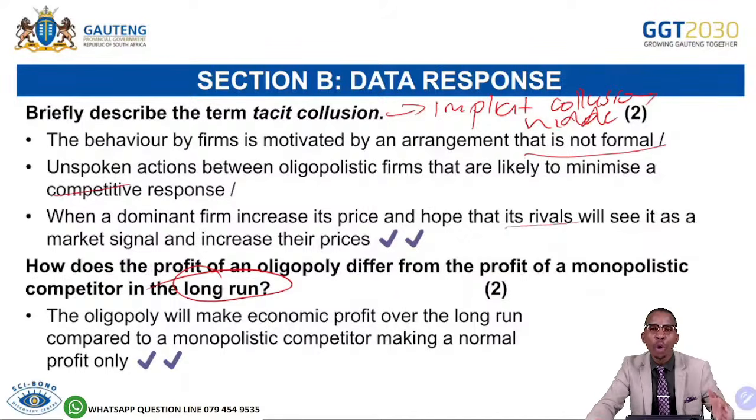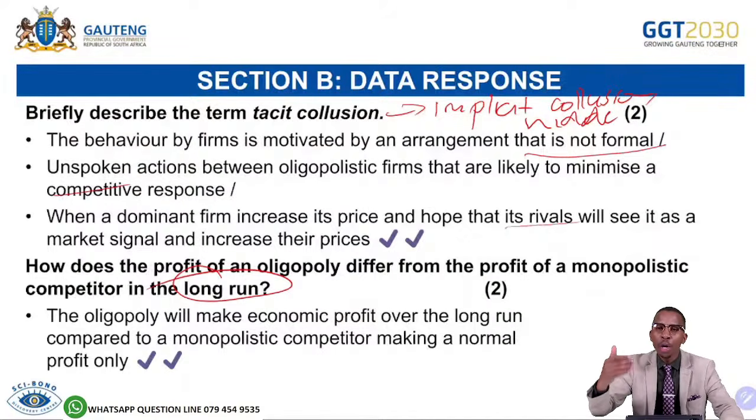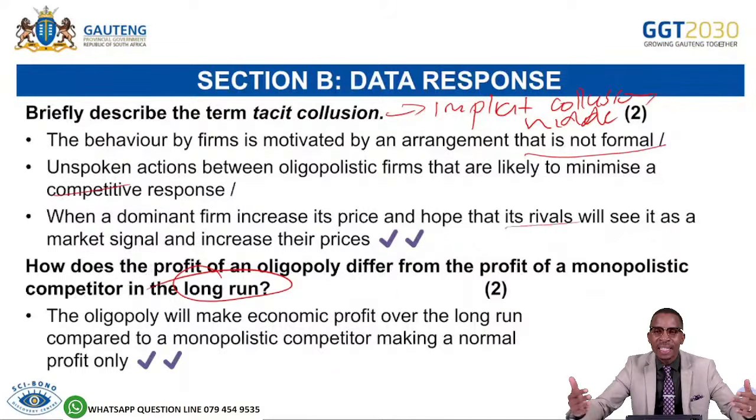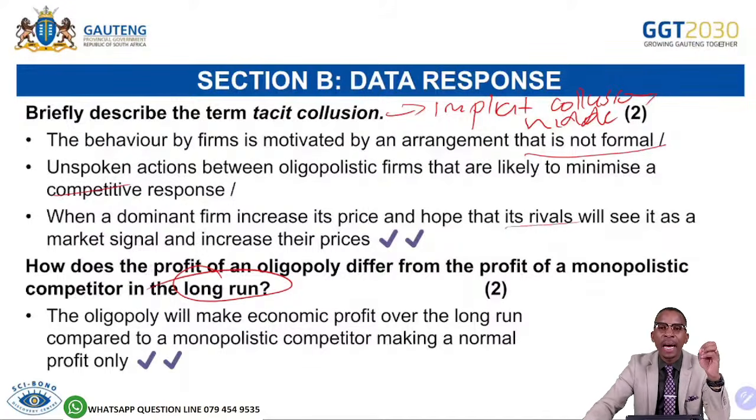But how about oligopoly? Oligopolies enjoy economic profit or supernormal profit in the long run. Why? Remember, in the short run, they make a normal profit as they enter the market with their own selling prices without collusion. But as they get into the market, they get involved in collusive behavior, either implicitly or explicitly, where they charge excessively high prices that allow them to always maintain abnormal or supernormal profits in the long run.